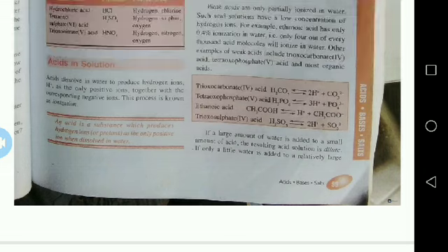If a large amount of water is added to a small amount of acid, the resulting acid solution is called dilute. So water has the ability to dilute acid. Also, if a little volume of water is added to a large amount of acid, it will give us concentrated acid.